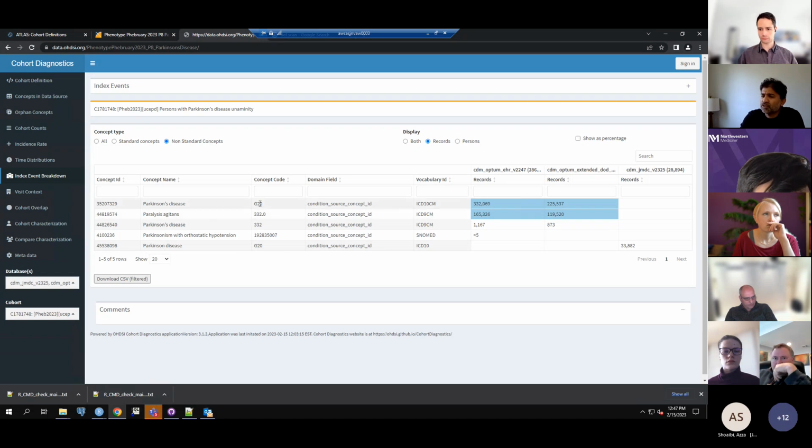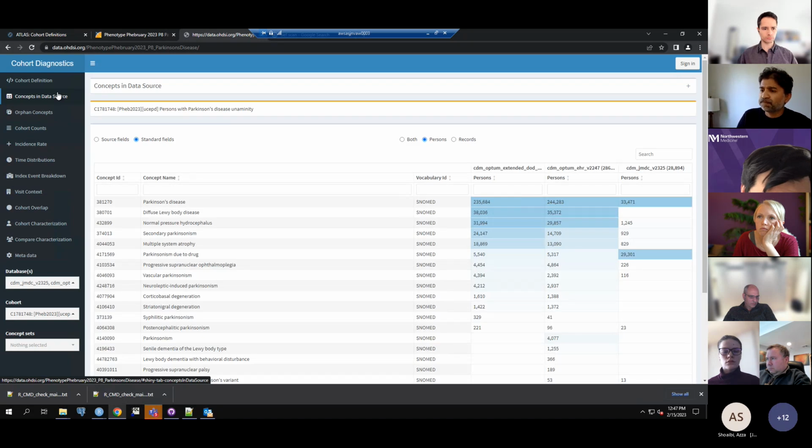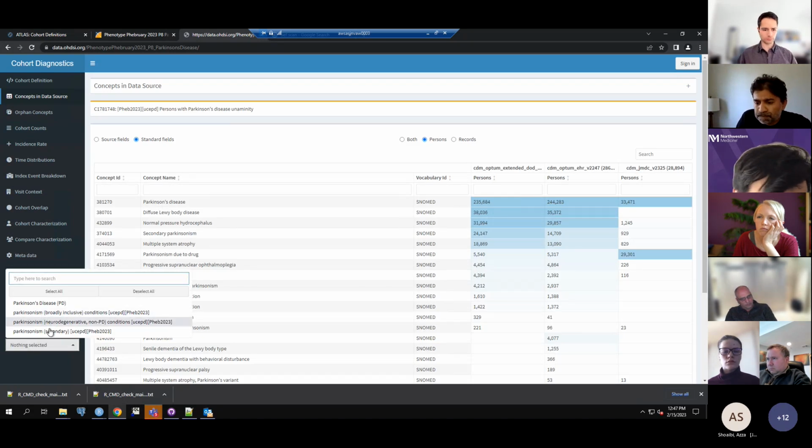It's not a JMDC issue. G20 is something that even Optum DOD and Optum EHR are loaded on. If you go to concepts in data source, ignoring everything and just looking at what's in the database, and you compare this, you can see that JMDC has a very different breakdown from what the other databases tend to do.